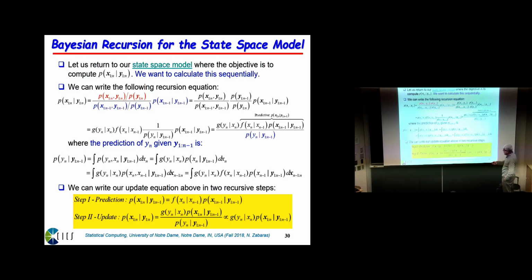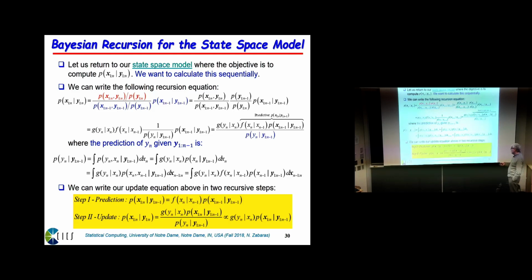Notice this is the distribution of all the states up to n, but given only the data up to n minus 1. Now once you collect the data at time n, you can update this, and the only thing you need to do, at least in a normalized fashion, is multiply this predictive distribution with the likelihood at time n.